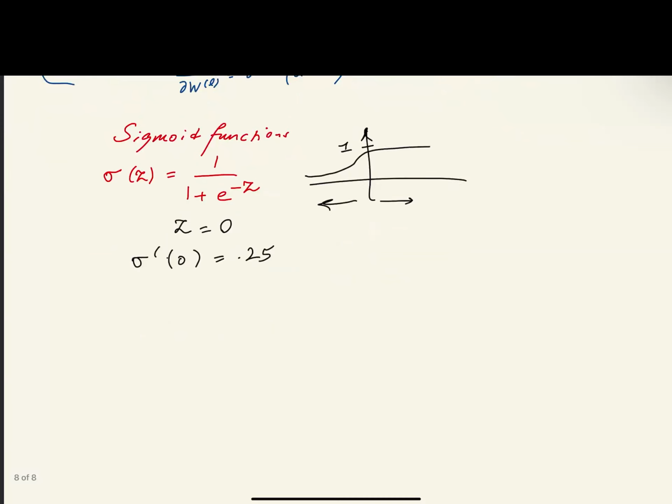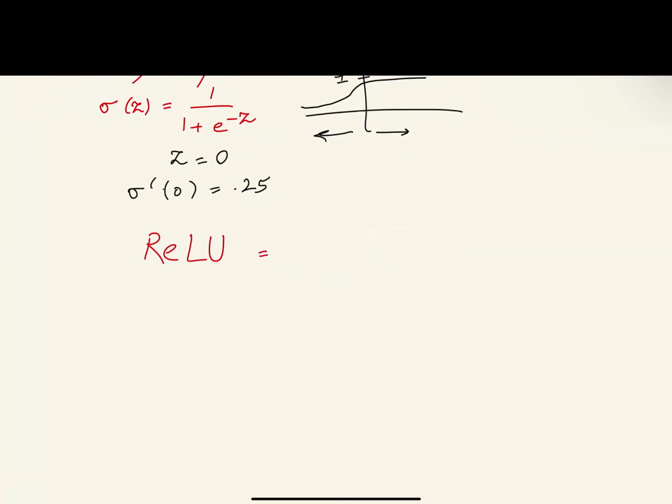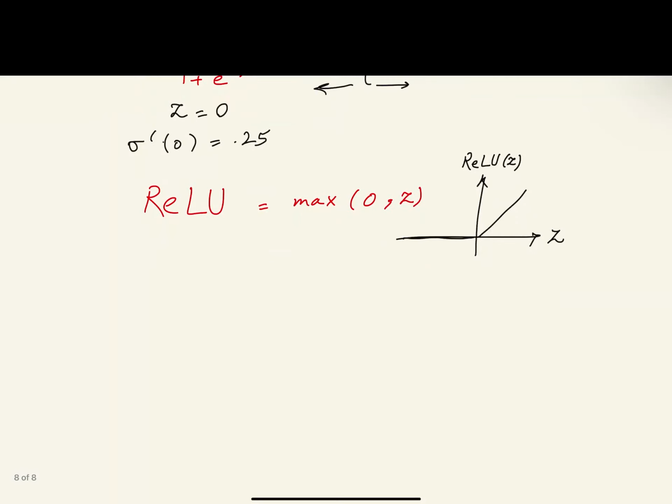You already know the other option that we looked at, and it's the rectified linear unit, or in short, ReLU. ReLU basically takes the maximum of the signal or zero. It means that whenever the signal is negative, it returns zero, and when it's positive, it returns the value of the signal. So what will be the derivative of this function? We can write it this way.